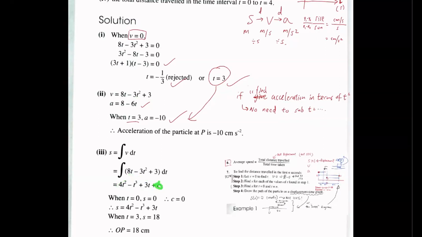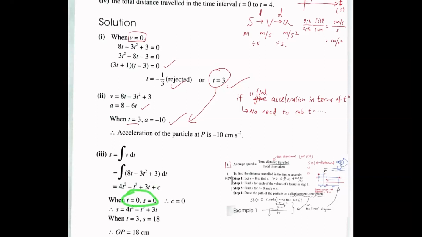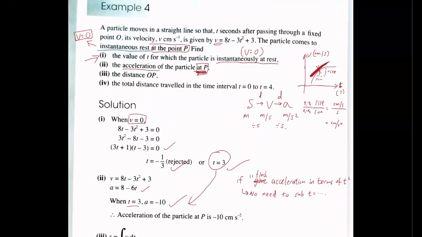But you gotta see, what do you do? Sub in s equals 0, t equals 0. Where did we get that from? Where's that information from? Okay, here, actually, maybe the question is not so good.